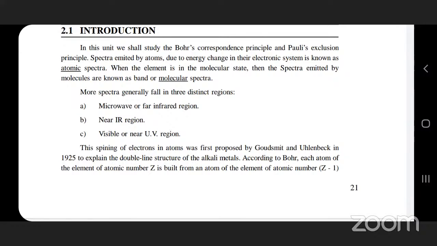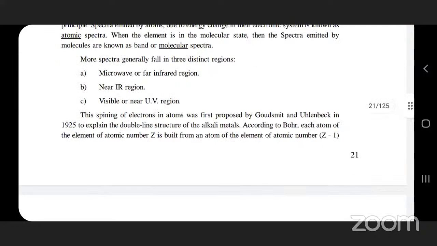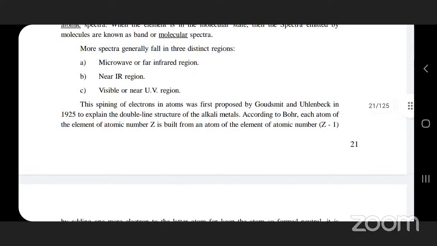The spinning of the electron in an atom was first proposed by Goudsmit and Uhlenbeck, the two scientists who proposed it in 1925. They explained the double line structure of the alkali metals.